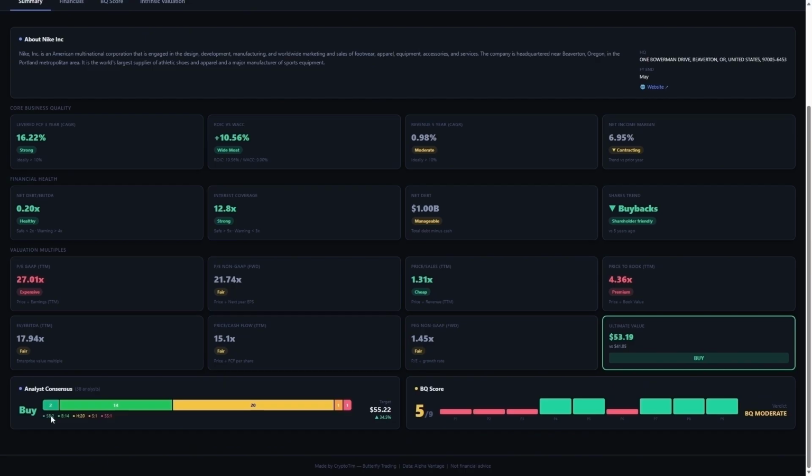Then here at the very bottom we have 2 more things side by side. On the left we have the analysis consensus. This is what professional analysts collectively think. It's a breakdown of strong buys through strong sells plus the average price target and upside percentage.